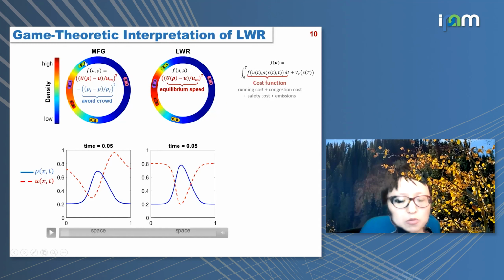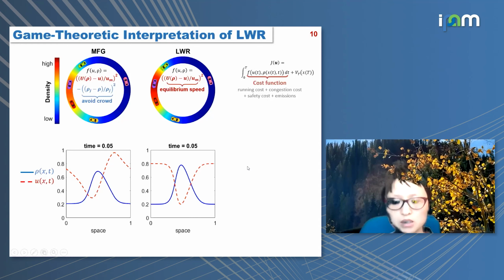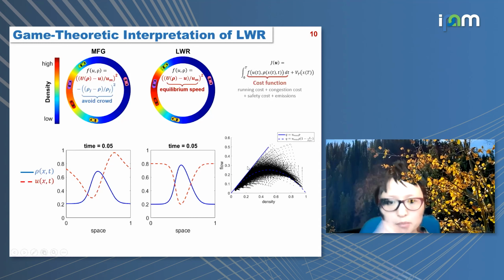That's why they already decelerate before they enter. But with LWR, their speed is just controlled by the current rho at this location. So when this green car is here, it doesn't know there's a jam in front, so it still drives at a normal speed.